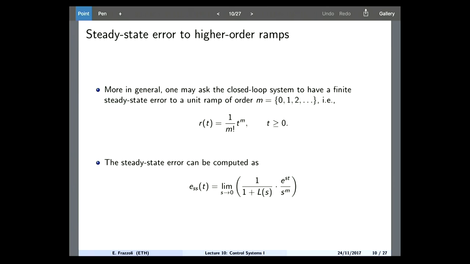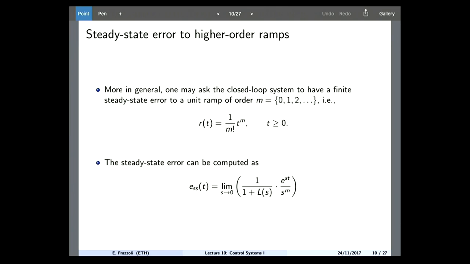More in general, though not that often really, typically only when people ask you questions in exams, you may ask that the closed loop system has 0 steady state error to a unit ramp. Not only to a unit step, but say I tell you to just keep increasing the temperature or the speed on a ramp, then I want you to follow that command precisely with zero error in steady state.